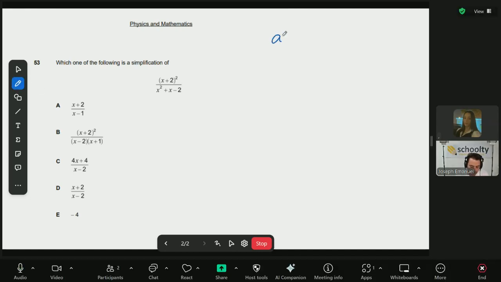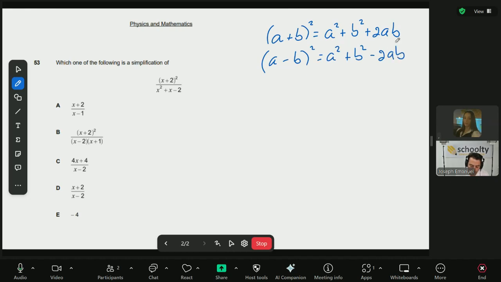A plus B square equals A square plus B square plus 2 times AB. A minus B square is the same but minus 2AB, and we have 1 time plus 1 time minus.